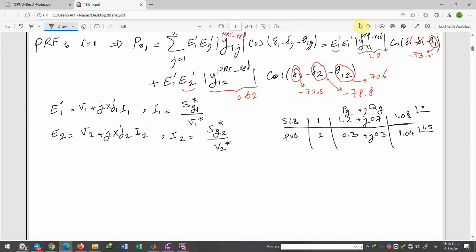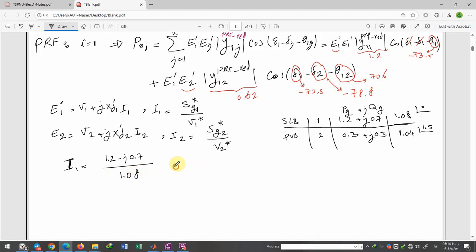So for finding I1, we have to conjugate the generation of generator number 1, 1.2 minus j0.7 over V1 conjugate. V1 conjugate is 1.08.